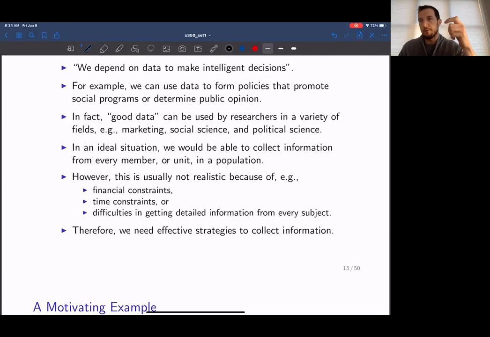Now, depending on the size of the population, we're going to run into different types of constraints, whether they be time constraints or financial constraints. There's always going to be some hurdles that have to be overcome in order to collect from the pool of people that you actually want to speak to. So in order to get around this, we have to develop effective strategies for collecting information, which again is something I think that Stats Canada works on regularly.